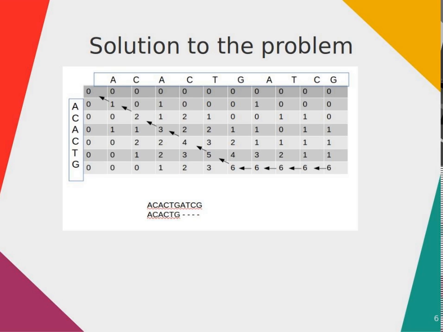The arrows indicate all allowed paths from the lower right corner of the partial score table to the upper left corner, as in the Needleman-Wunsch algorithm for alignment. So I hope you got the concept about semi-global alignment.